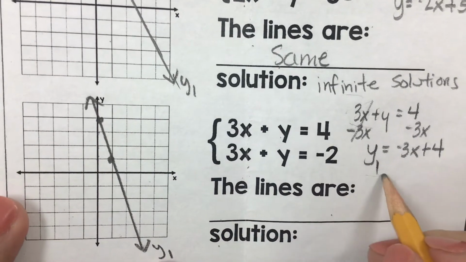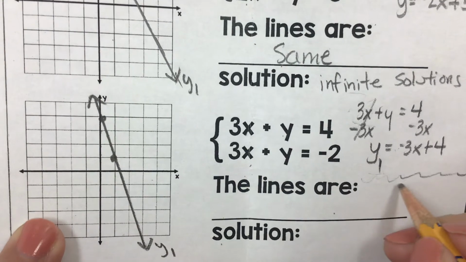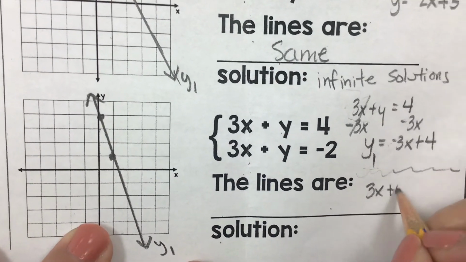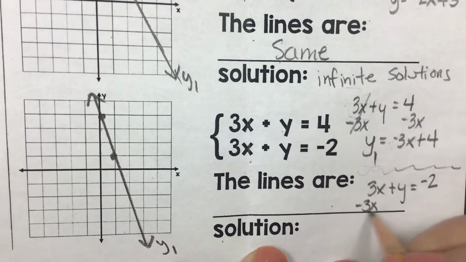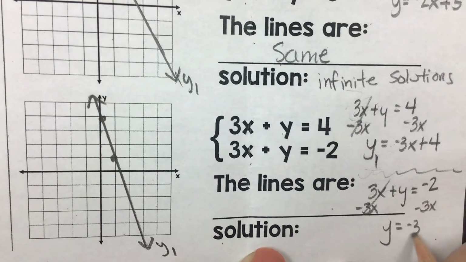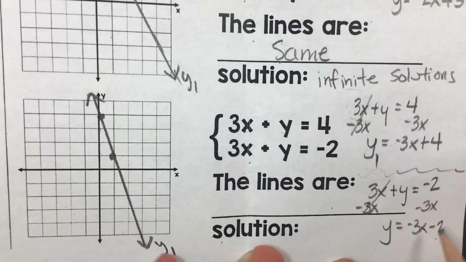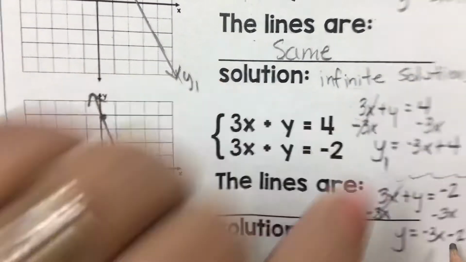Then the second equation, I'm going to make a little separation for my work. I have 3x plus y is equal to negative 2. We're going to subtract 3x from both sides. Y is equal to negative 3x minus 2. And as you can tell, these lines are going to be parallel because they have the same slope.